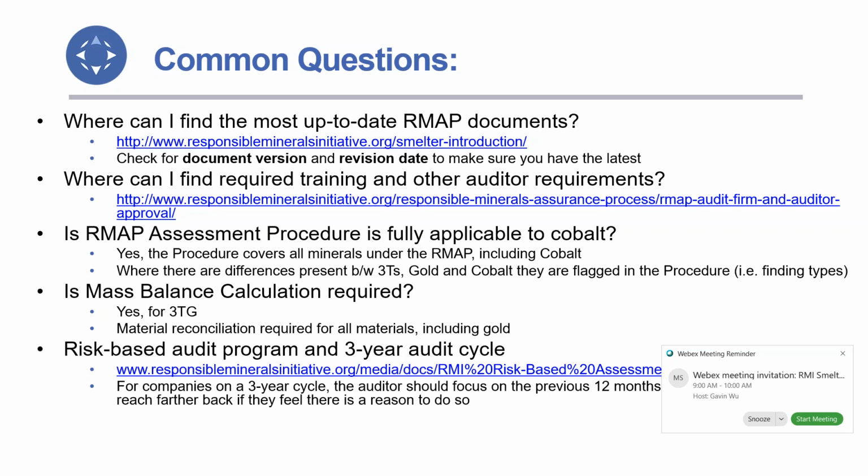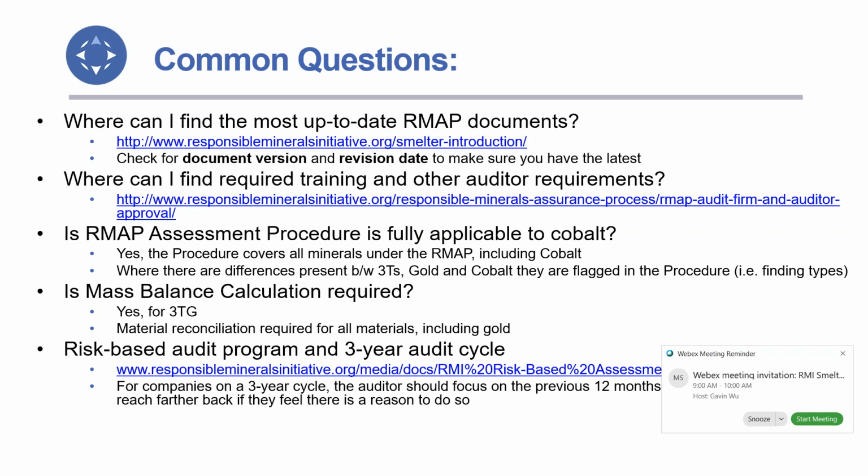So using a mass balance calculation really is worthwhile for larger quantities of cheaper materials, not for gold. Nonetheless, you still have to do material reconciliation, making sure that the volumes that are going in to the refiner or the smelter plant are equal to those coming out, obviously accounting for the purification process and the differences in weight based on that.